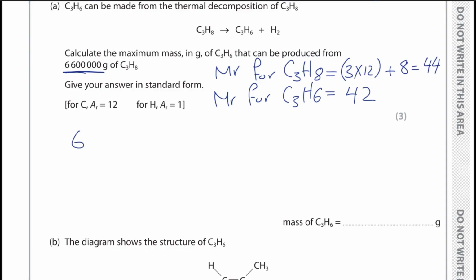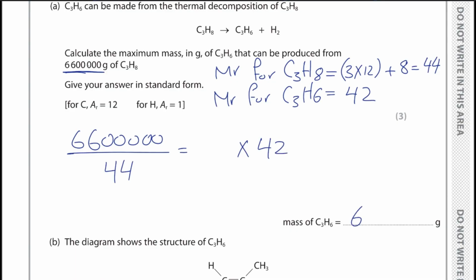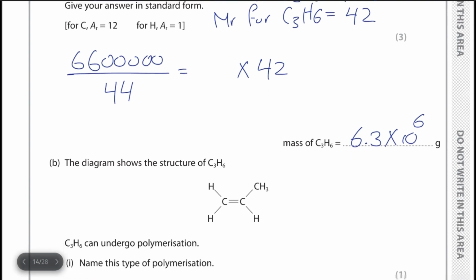So we divide the mass, 6,600,000, by 44, and then the answer must be multiplied by 42 to get 6.3 multiplied by 10 to the power 6 gram mass for propene.